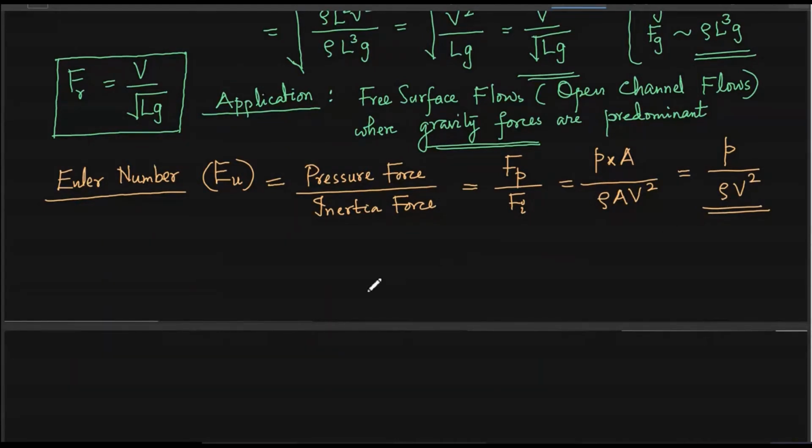This form is used, but in some textbooks and literatures you may find the reciprocal of this, that is rho V square by p. Alternate forms are also available for this Euler number as a reciprocal of the square root of this.